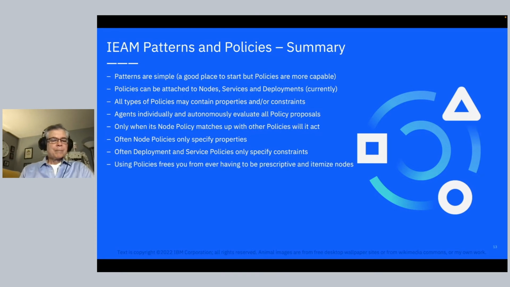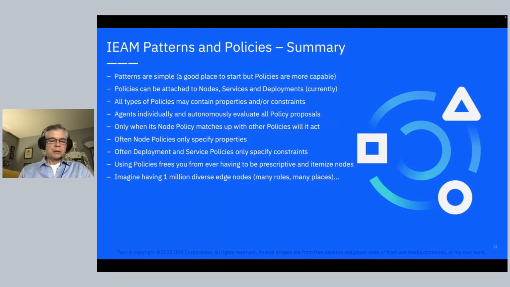Using policies frees you from ever having to be prescriptive and itemize your nodes. You never need to say this node, this node, this node are going to run this software. Instead, you use generalized logical expressions to define which sets of nodes, and that is much, much better at scale. Imagine having a million diverse edge nodes, many roles, many places.